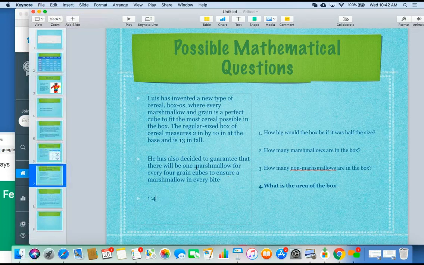So if it had said that there would be 1 marshmallow out of every 4 cubes, then the ratio would actually be 1 to 3. So I really appreciate everyone who shared, and thank you, Violet, for pointing that out, because that was why we had this challenge today to talk about.